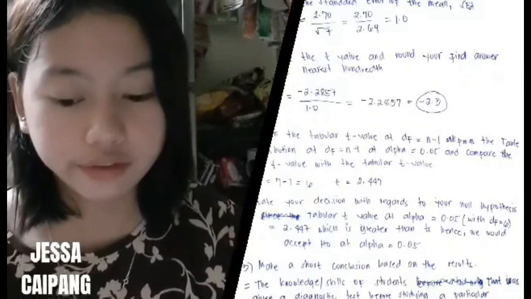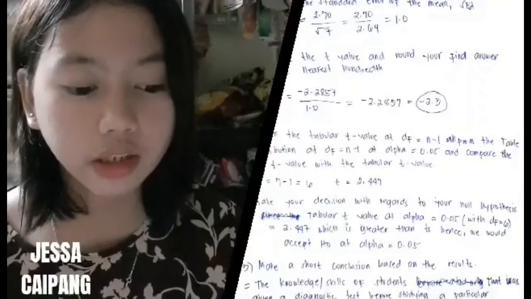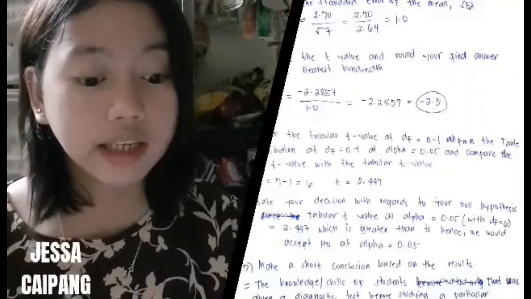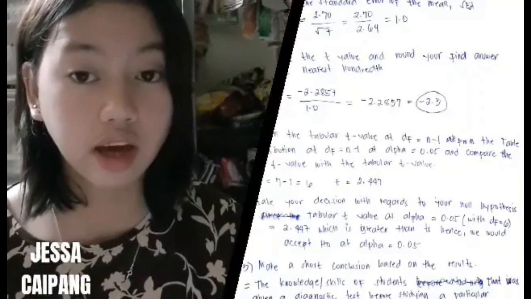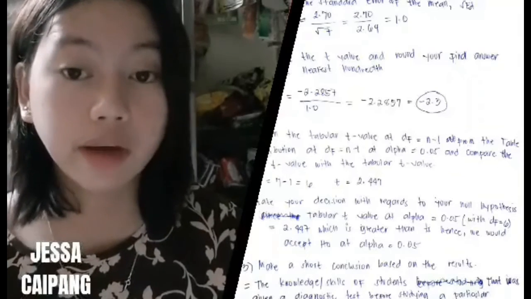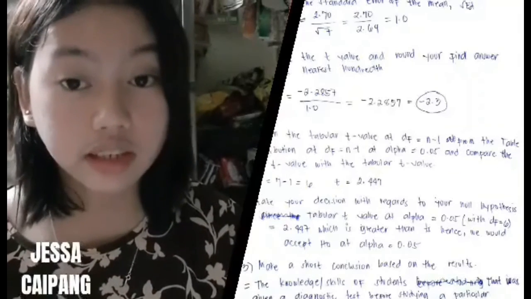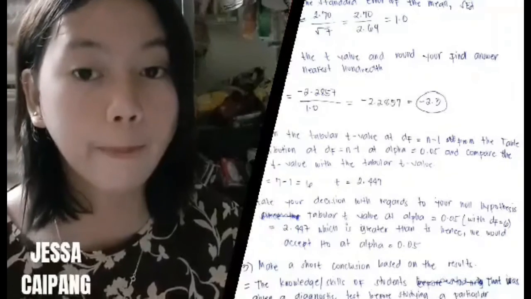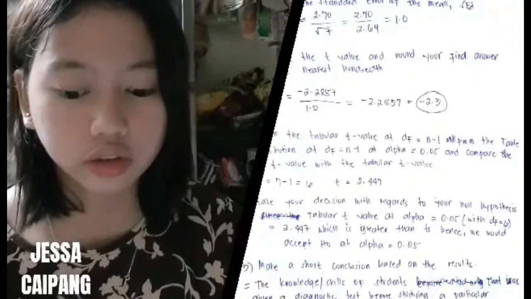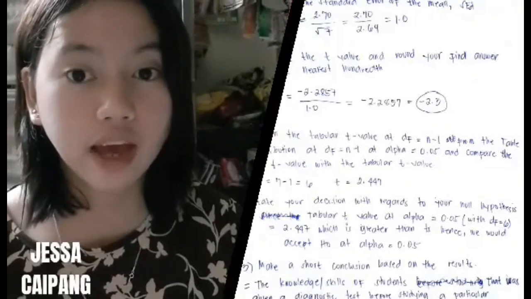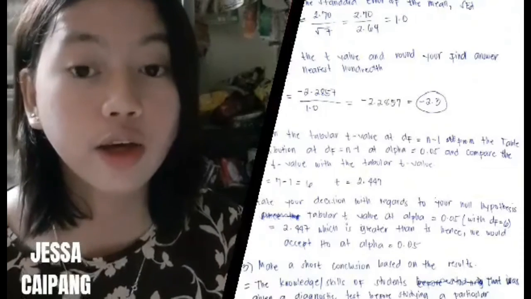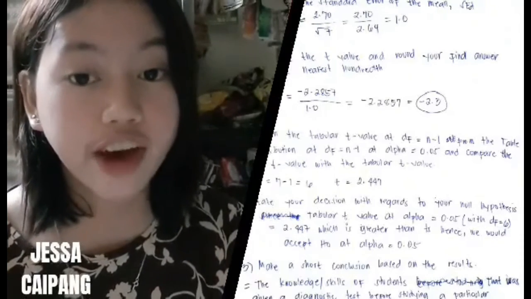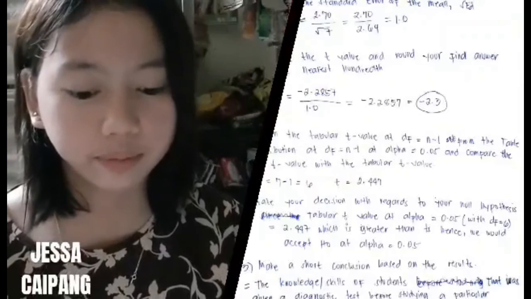Our df is n minus 1. So, our n is 7, minus 1, is 6. So we look for 6 in the t distribution, at alpha 0.05.